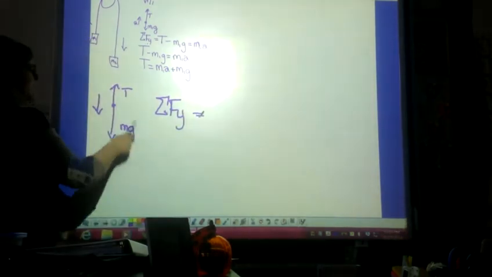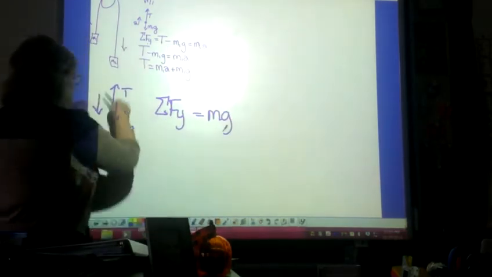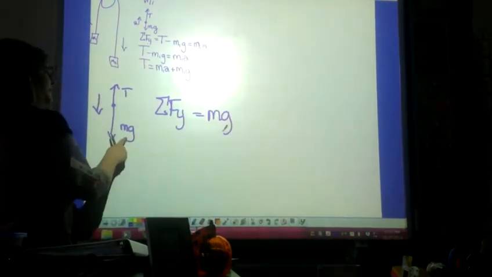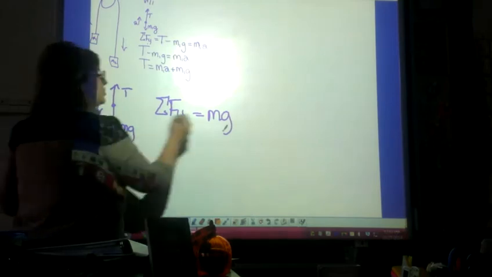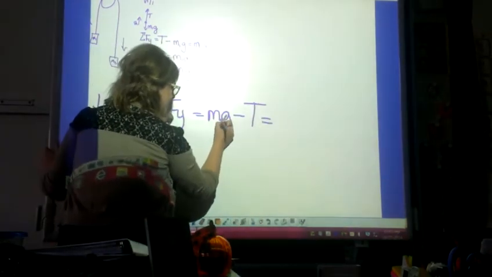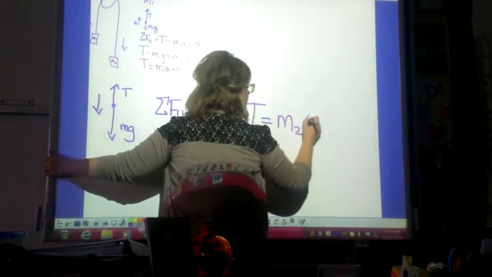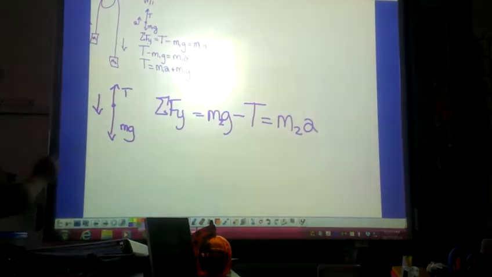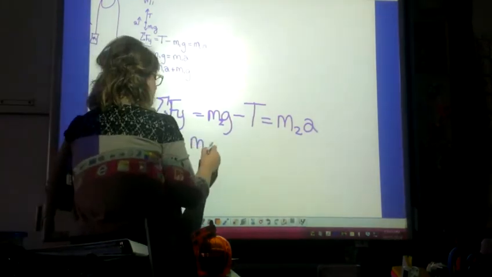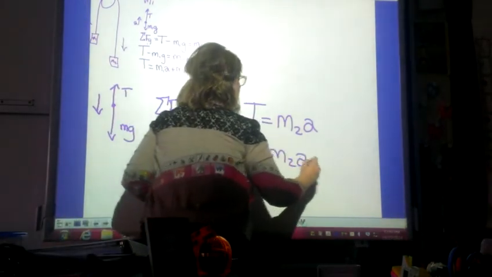I have mg first, it would be positive since its acceleration is going in the same direction as that particular vector. So we'll do mg minus T equals, and let's be more specific, M2G minus T is equal to M2 times A. Okay, so M2G minus T equals M2A.